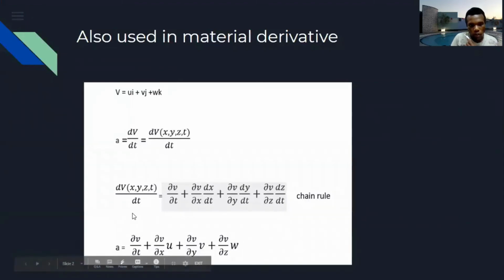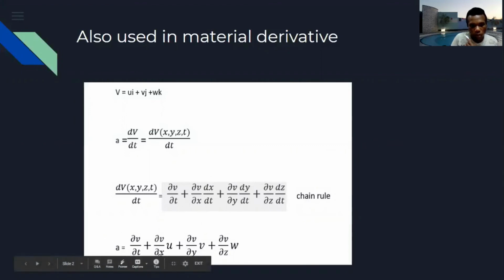For acceleration, we use the chain rule to obtain the formula, which says the partial derivative of v with respect to t, plus the partial derivative of v with respect to x times dx/dt, plus the partial derivative of v with respect to y times dy/dt, plus the partial derivative of v with respect to z times dz/dt.